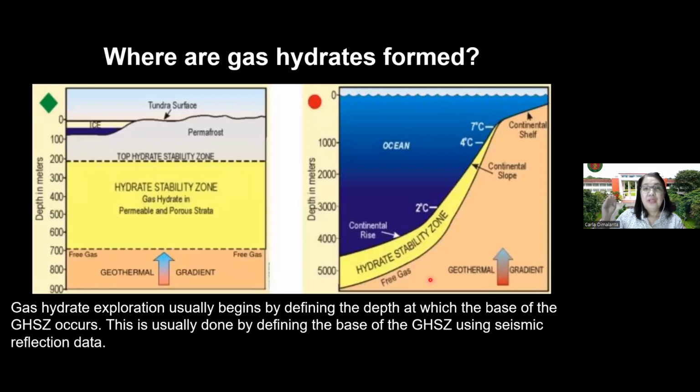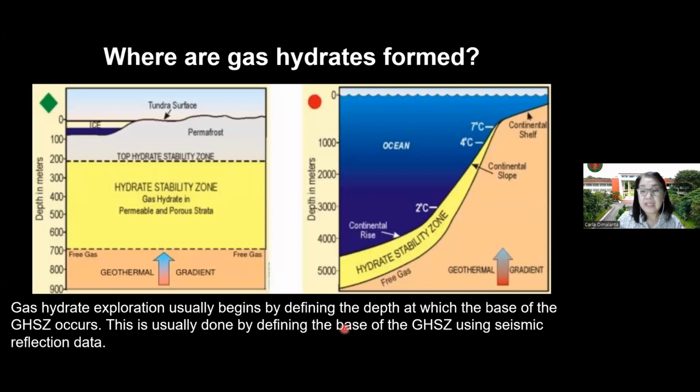So how do we start to do gas hydrate exploration? The first thing is we have to define the depth at which the base of the gas hydrate stability zone occurs. Now, this base of the GHSZ is usually identified or delineated by looking at seismic reflection data.